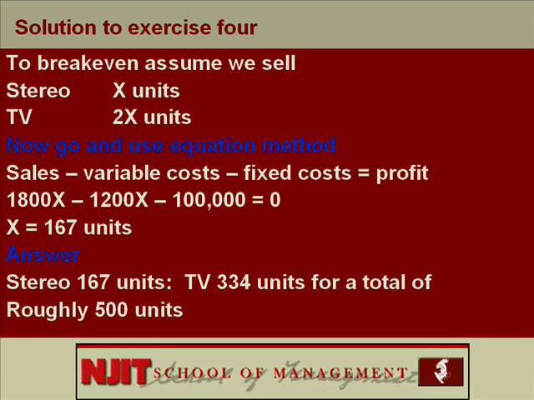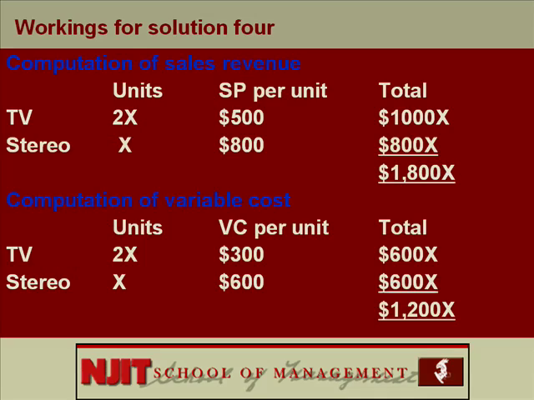How did we figure out sales and variable cost? Really simple. Here it is in front of you. If you sell 2X TVs, the selling price per unit is 500. So the total sales for TV is 1000X. If you sell X stereos at 800, it's 800X. So the total revenue is 1800X for both.